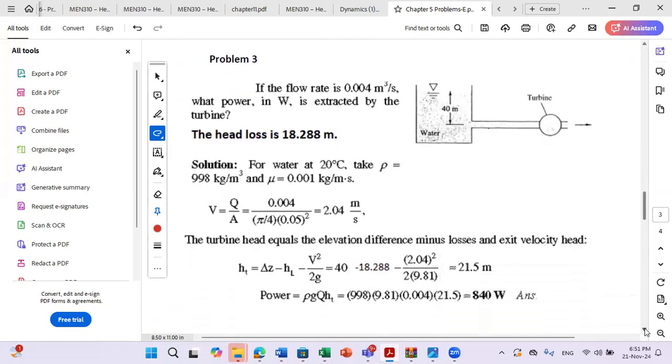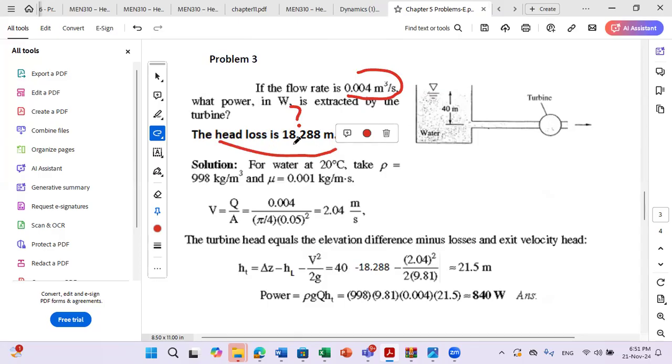In this problem, we want also to evaluate the power extracted by a turbine that is placed at 40 meters below the surface of a reservoir. Knowing the flow rate extracted through the turbine is 0.004 meter cube per second, what is the value of power, knowing that the total head loss is 18.288 meters?